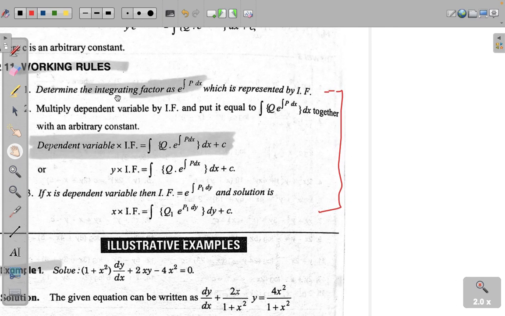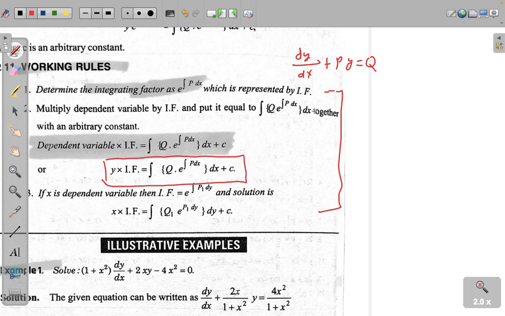So if we have this kind of differential equation where p and q are functions of x only or constants, then the solution of this differential equation is given by this. This is the final solution of this differential equation.